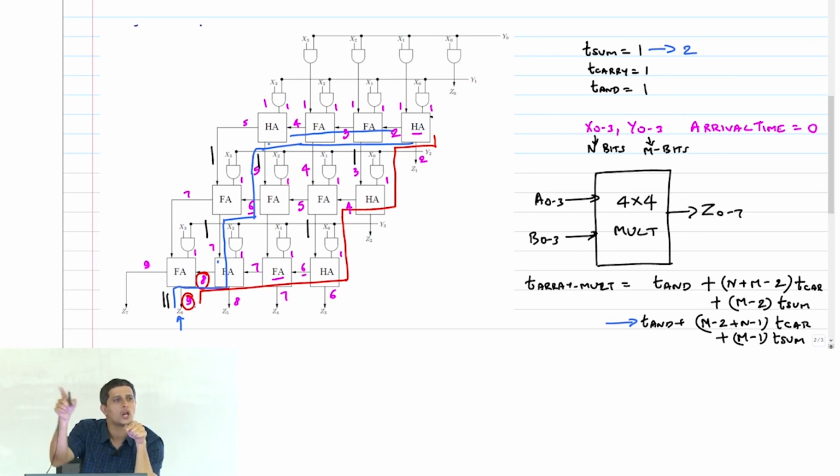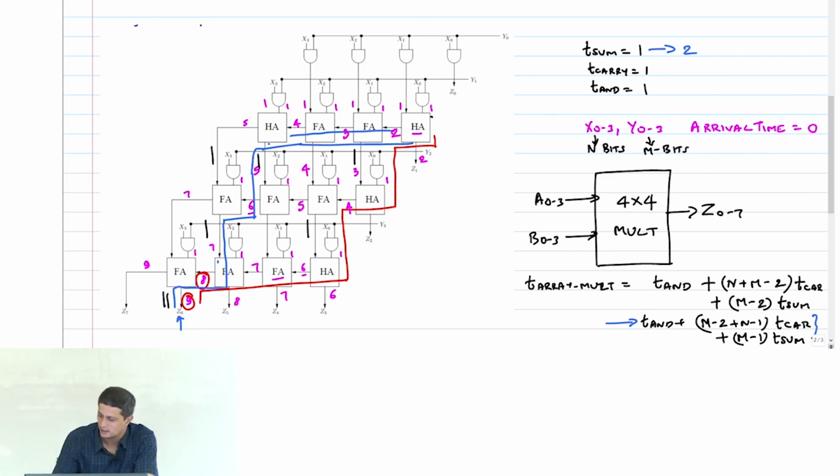Then you go only along the sums, propagate it, and I think this will turn out to be the right answer. Basically, like you said, m minus 1 T sums as opposed to m minus 2 T sums is the exact answer.